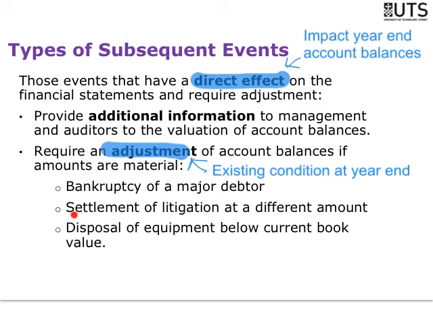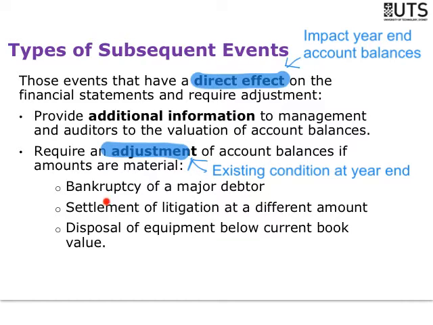The existing condition is that we've recognized on the financial statements that we expect to pay out a certain amount for litigation. But now, because of the outcomes of the legal proceedings, we expect to pay out more or less. So we need to adjust for this in the financial statements, in the legal expense or the legal expense provision.